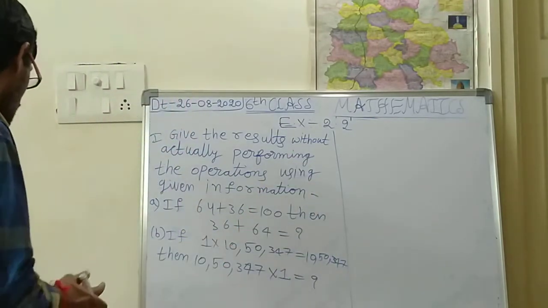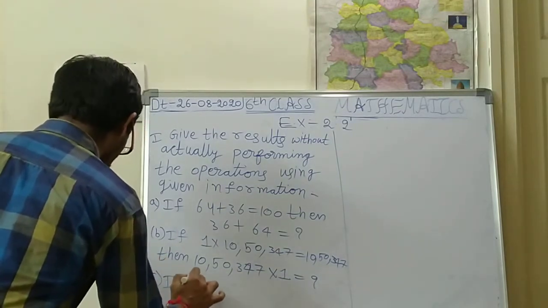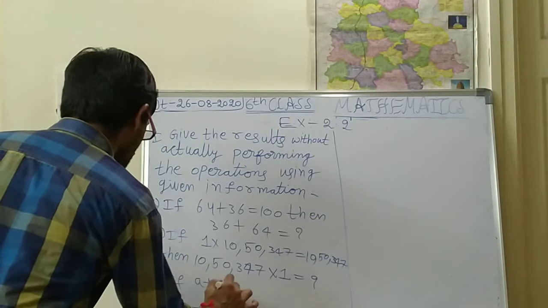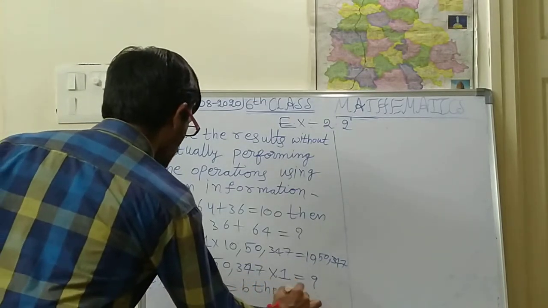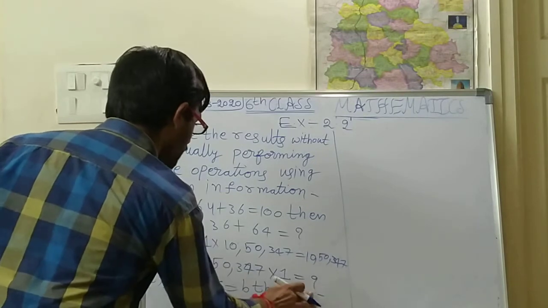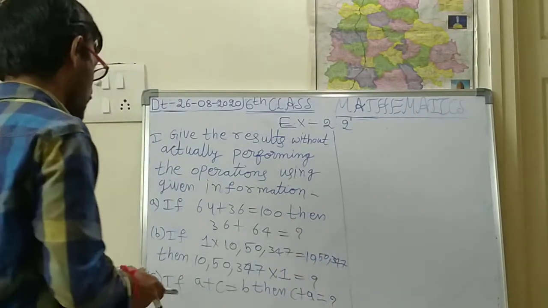So these are the 2 problems. Next, C. If A plus C is equal to B, then C plus A is equal to how much? This is the first bit.